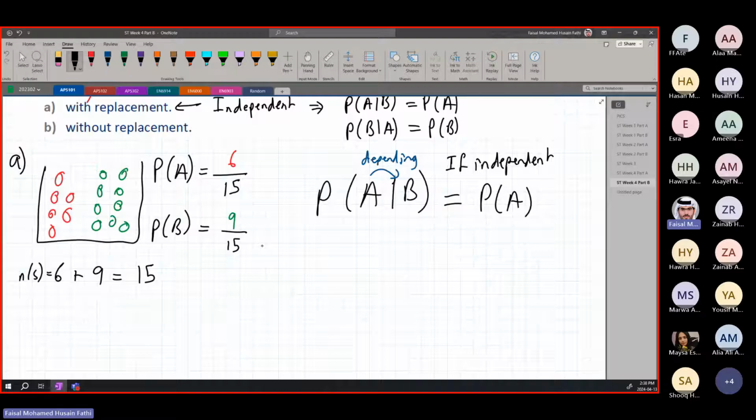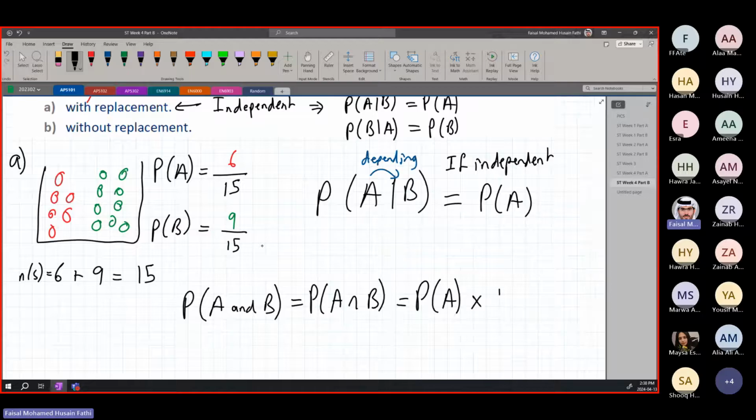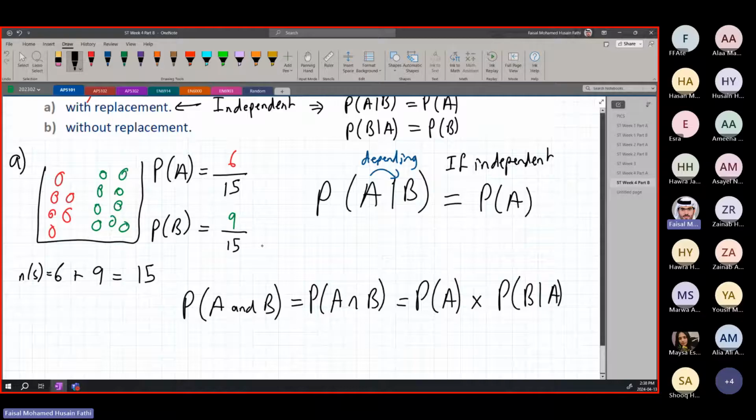How are we going to apply the equation now? We know that the equation P of A and B is equal to the P of A intersection B, which is P of A times P of B given A. But since it is independent, this is going to be equal to P of B. Why? Because it's independent. Okay? Because B does not depend on A anymore.